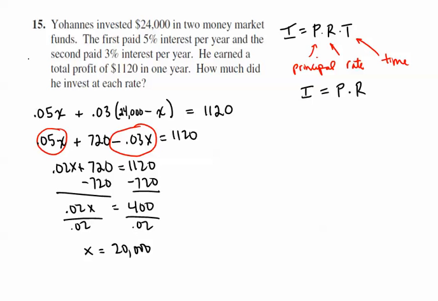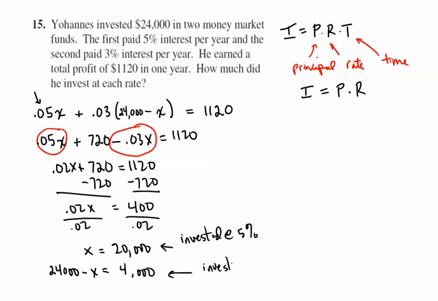That's the amount that is invested at 5%. And the additional amount, 24,000 minus x, would be 4,000. So 20,000 is invested at 5%, and the 4,000 is invested at 3%. And that does it for problem number 15.